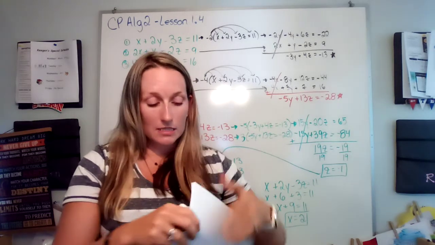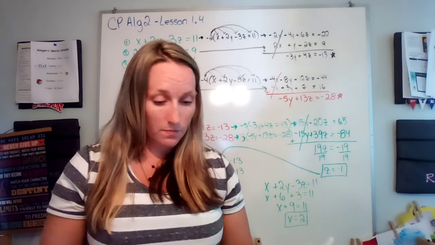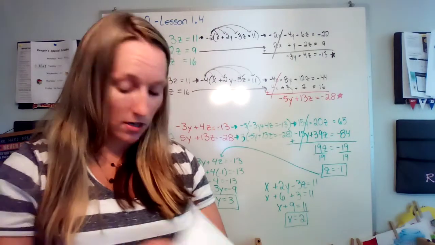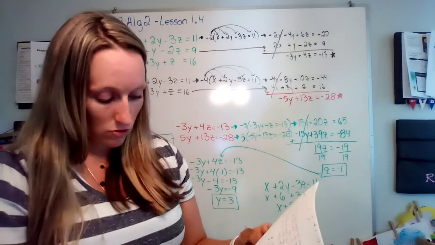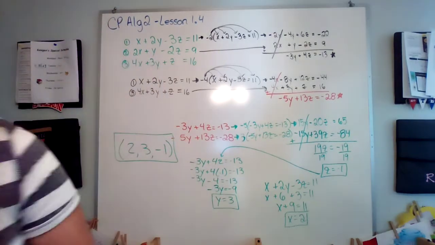Okay, let's see if we can work through another one. That one had answers, so I'm going to look for one where maybe it's infinite solutions or no solutions. Let me get this erased.